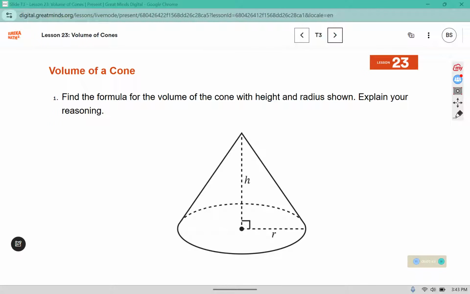Find the formula for the volume of a cone with a height and radius shown. Explain your reasoning. Well, if it was a cylinder, it would be radius squared times pi, and then multiplied by the height. But it took 3 cones to fill up the cylinder. So the cone is a third of the volume of a cylinder.